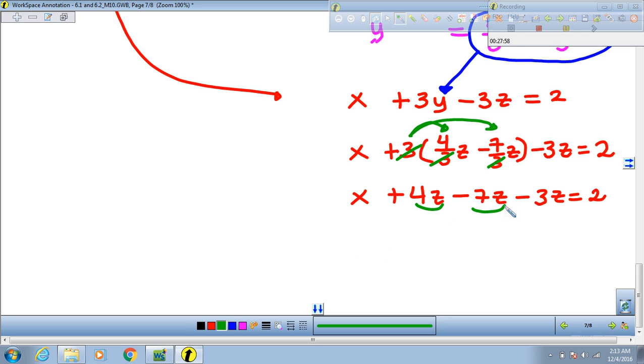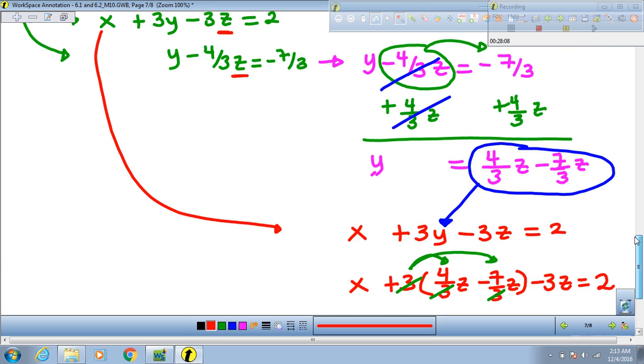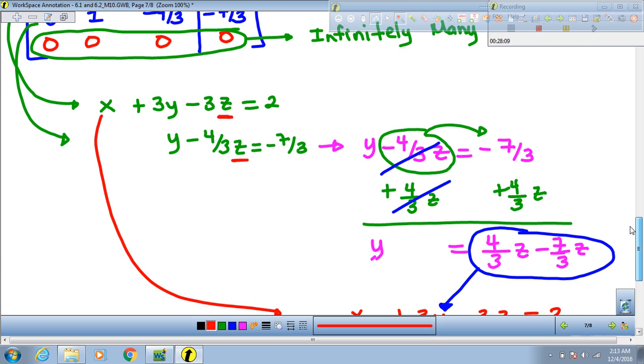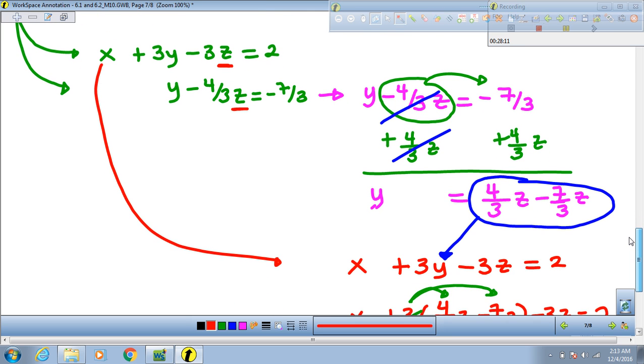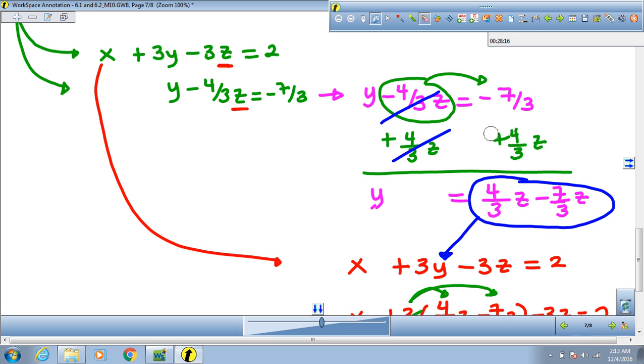Like this, this 3 actually. So you have, let me take a closer look at this. I see a careless mistake that I did.